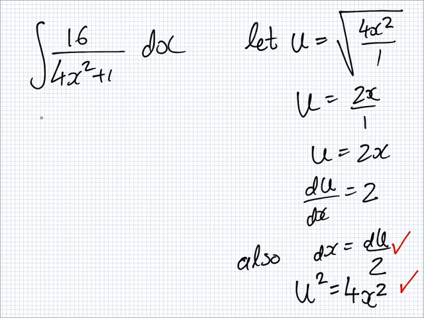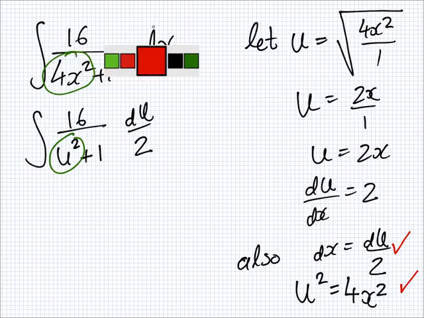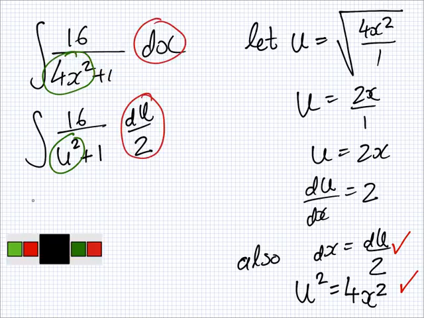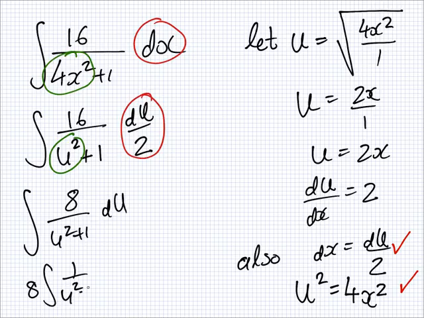Because here I can change this into 16 over u squared plus 1 du over 2. Because this piece here replaces this piece, and the dx is replaced by du over 2. So this becomes 8 over u squared plus 1 du, which is 8 times the integral of 1 over u squared plus 1 du.